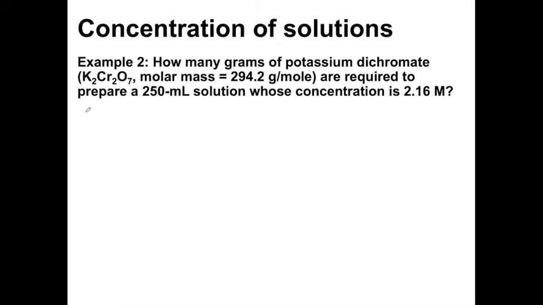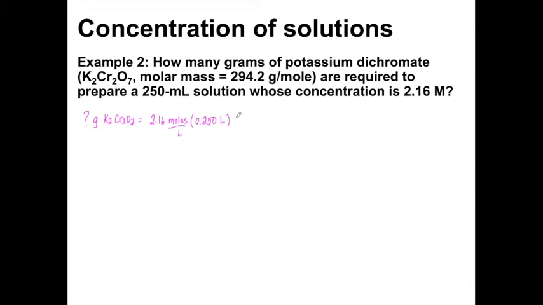So it's asking for the mass of potassium dichromate given that the solution has a concentration of 2.16 molar, or 2.16 moles per liter. We're given the volume of the solution, which is 250 ml, and if we express this in liters, it's 0.250 liters.